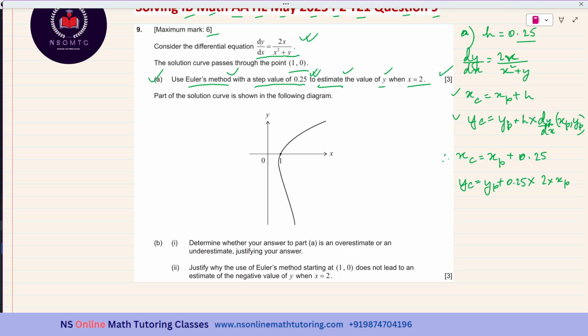Wherever there is x, we will take xp, and in place of y, yp.